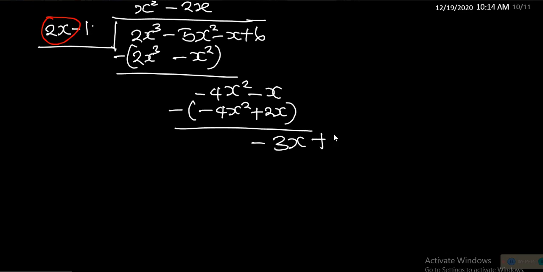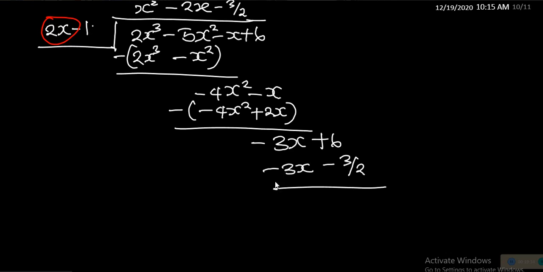Then 2x into minus 3x, that should be minus 3 over 2. If we multiply, we have minus 3x, minus 3 over 2.